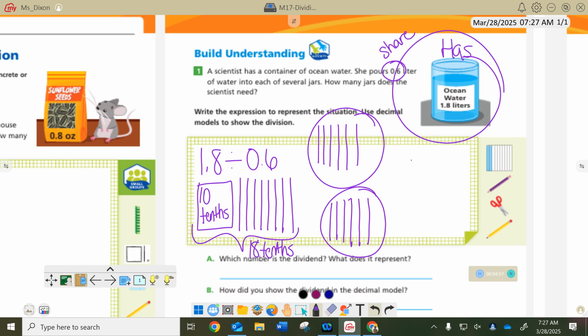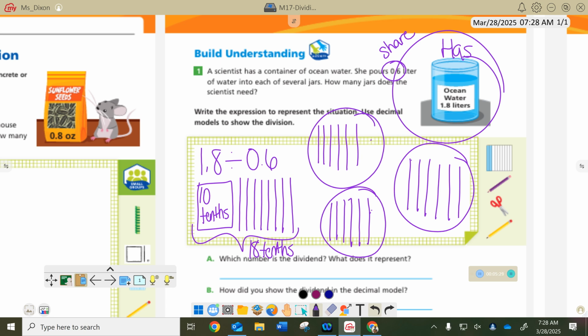How many tenths have we used of our original 18 tenths? Well, 6 tenths plus 6 tenths is 12 tenths. So we still have some tenths we can use. Let's make another group. And we're going to put 1, 2, 3, 4, 5, and 6.